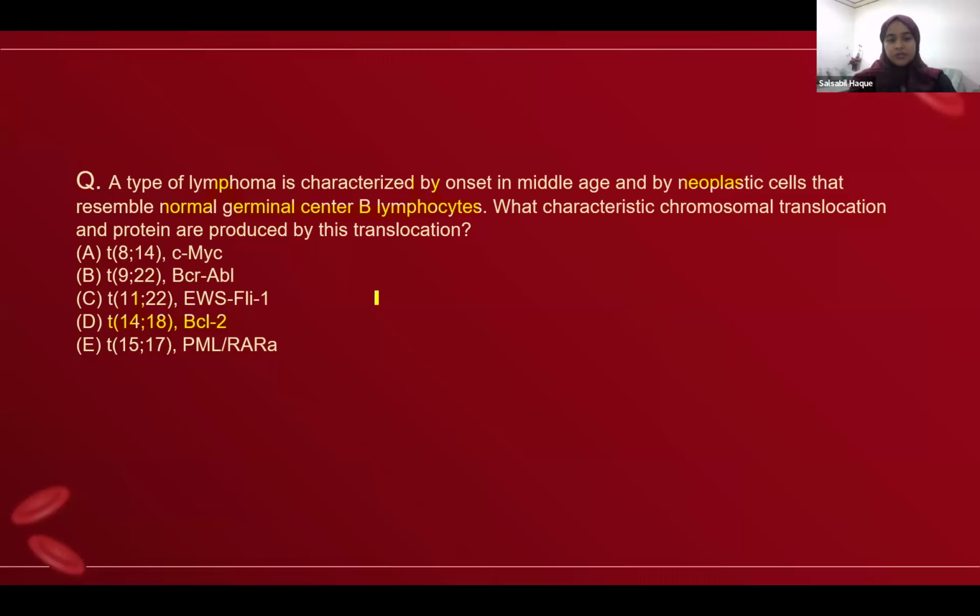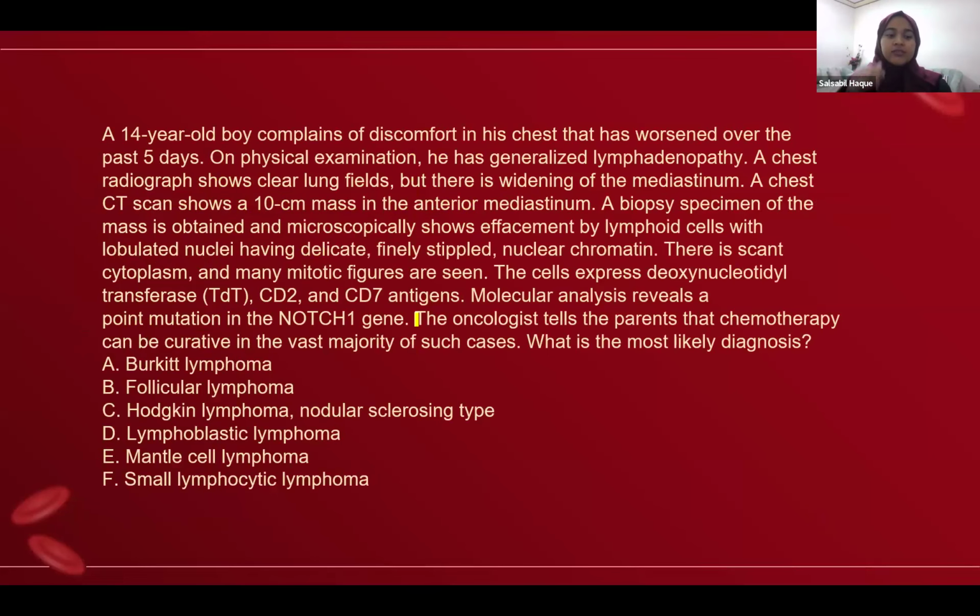This is diffuse large B-cell lymphoma. It happens in middle-aged people with normal germinal center B lymphocytes. The gene translocation is 14;18. So the answer is D, as you guys mentioned. Okay, next question.